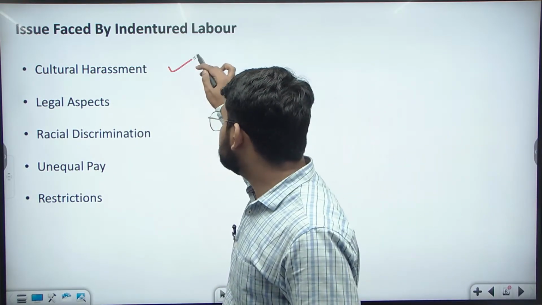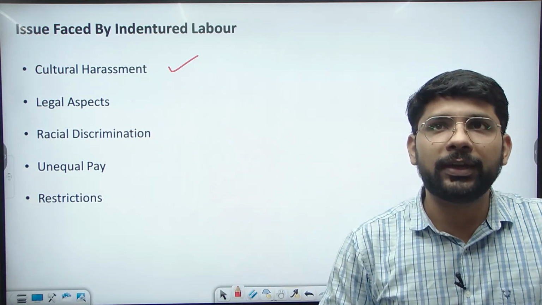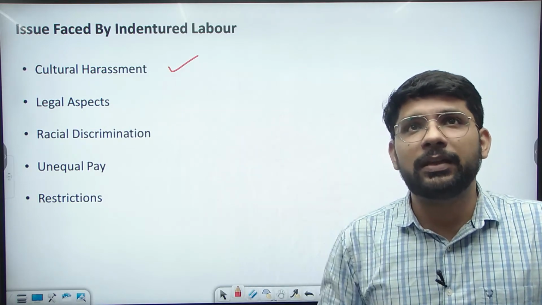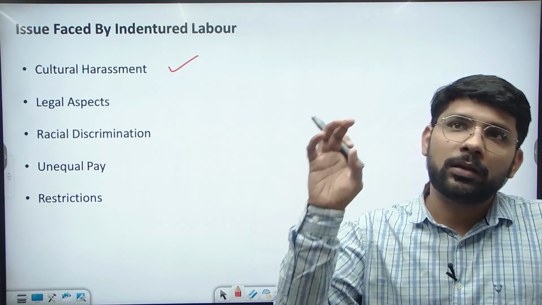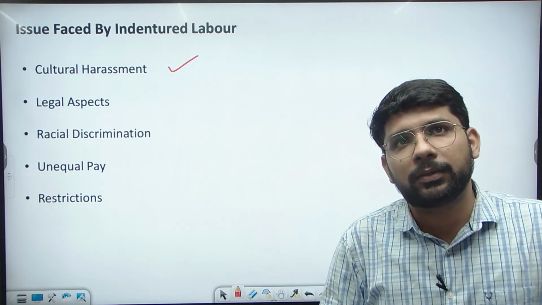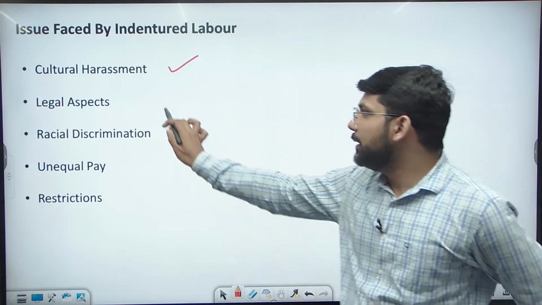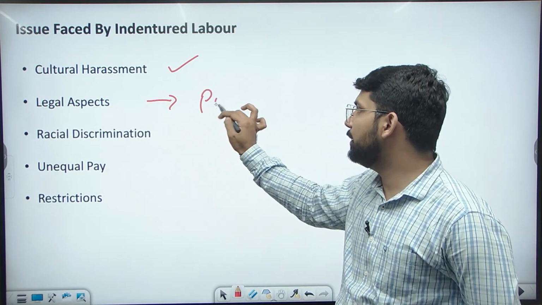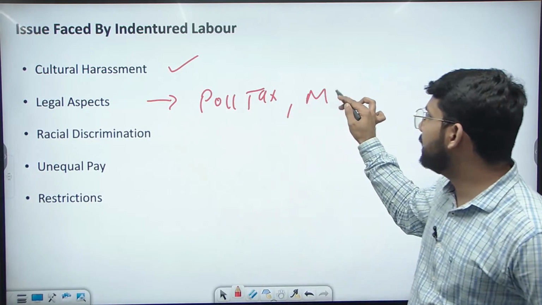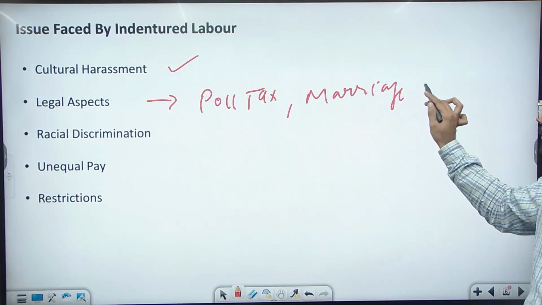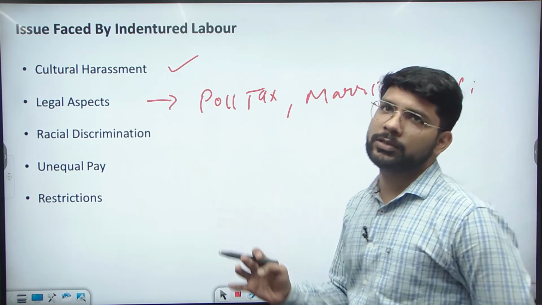When the Indians were going to the other country as indentured labor, specifically in South Africa, they were facing cultural harassment from the residents of the African colonies of the British. Then if I come to the legal aspect, they were asking for poll tax from Indians, cancelling the marriage certificate of Indians, and some other legal issues as well.